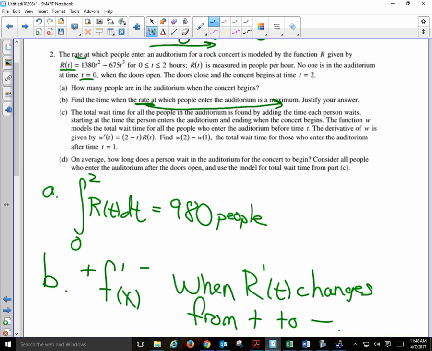Function W models the total wait time for the people who enter the auditorium before time T. The derivative is given by this. So this is the rate function of the wait time.